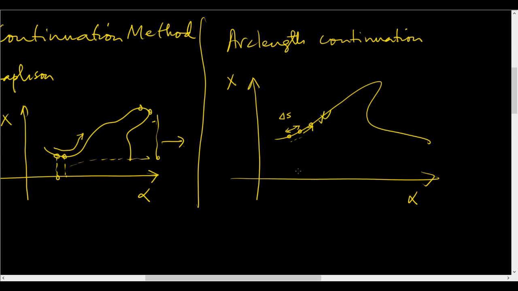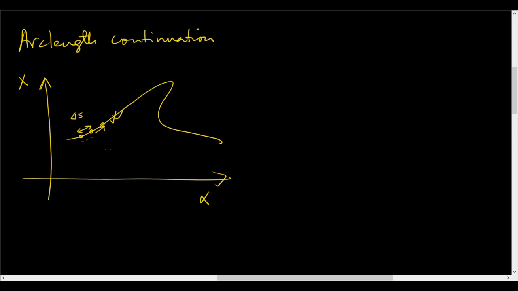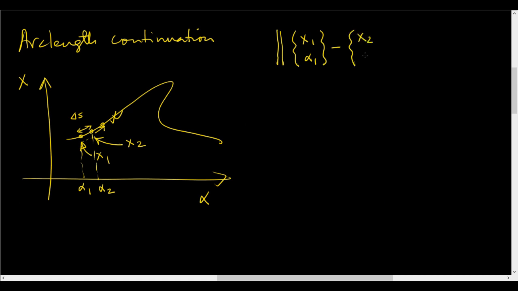Okay, so the mathematical representation of that is like this. Given, let this point be x1, let this point be x2, this is alpha 1, this is alpha 2, then we will say that the norm of x1 alpha 1, so this is an extended vector, minus x2 alpha 2, this norm is equal to delta s.